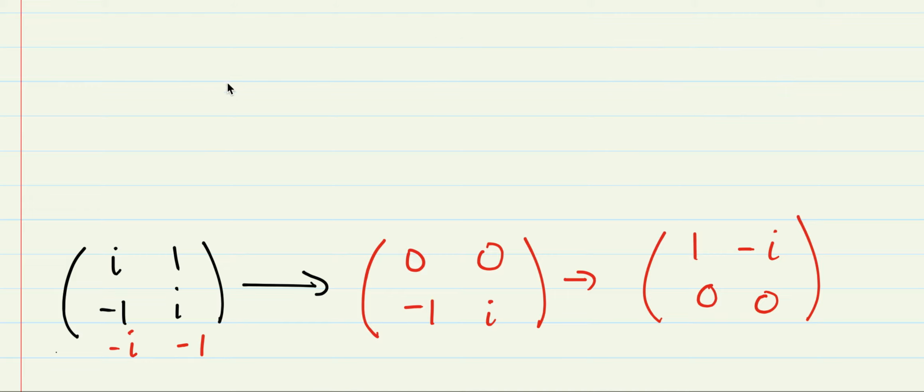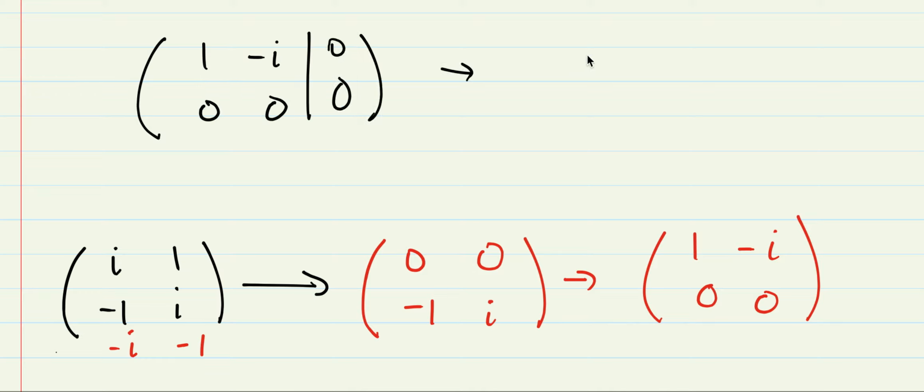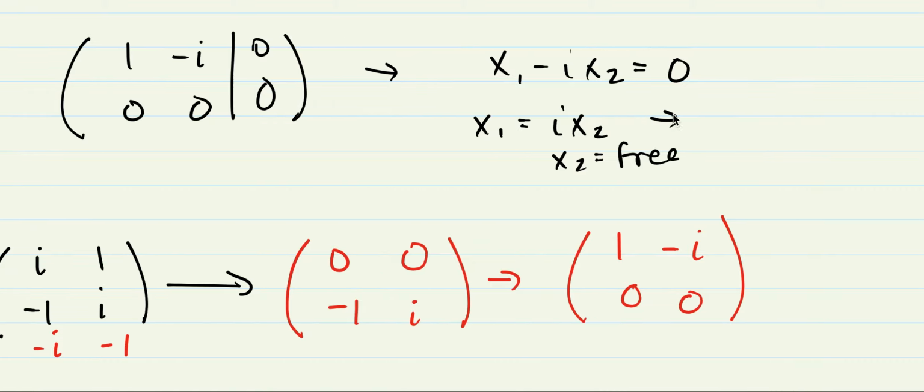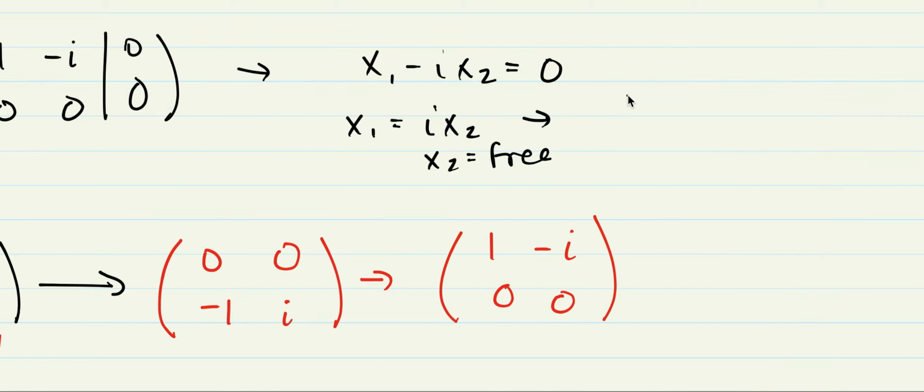So then if we put 1, negative i, 0, 0, 0, 0, we get that x1 minus i x2 is 0, so x1 is i x2, so x2 is free. So the difference in the basis here is just that I have a positive instead of a negative i.